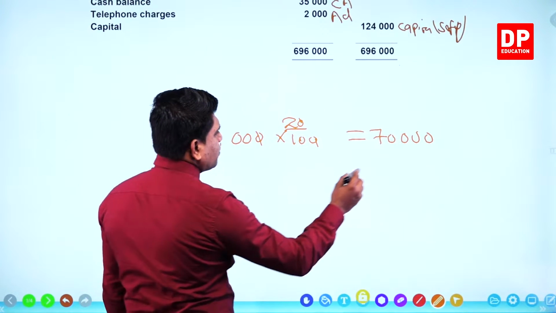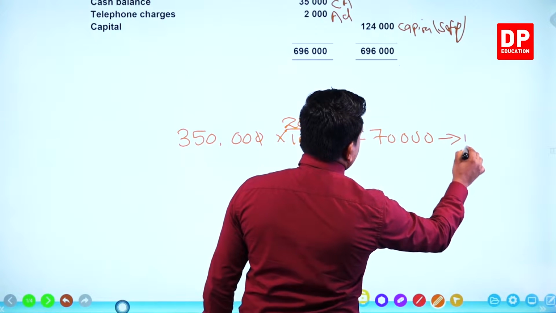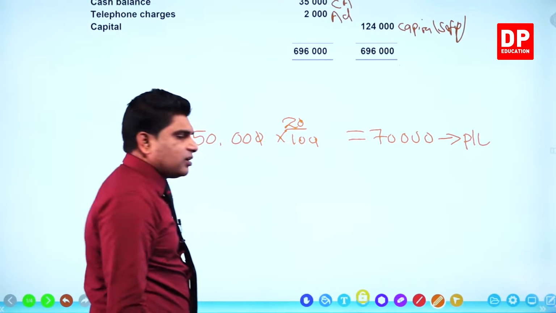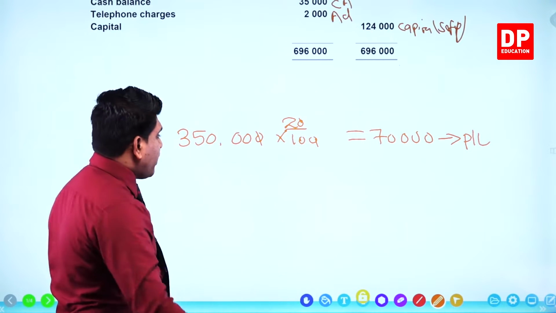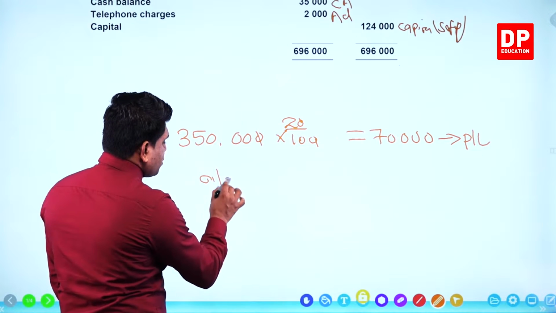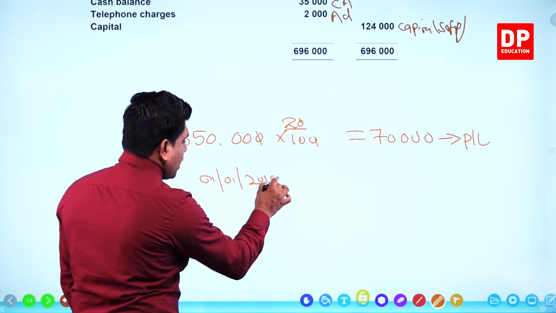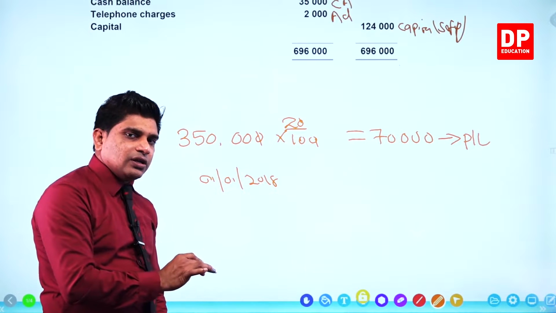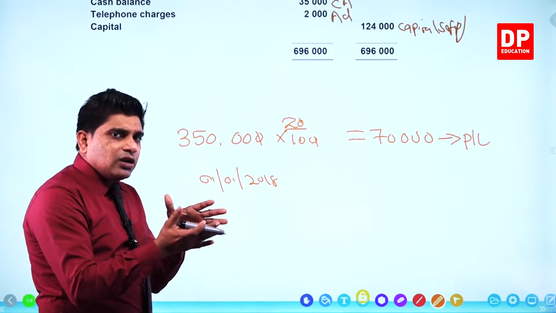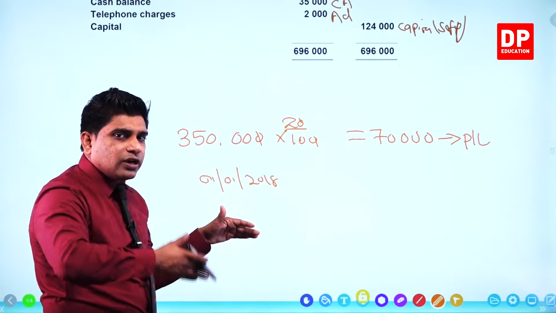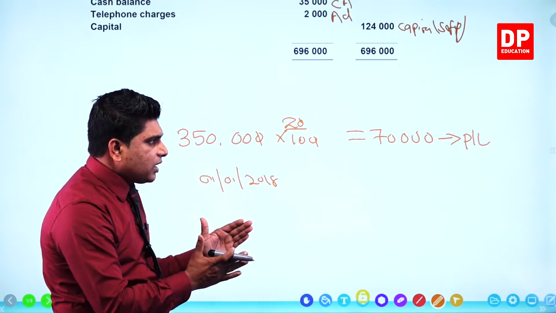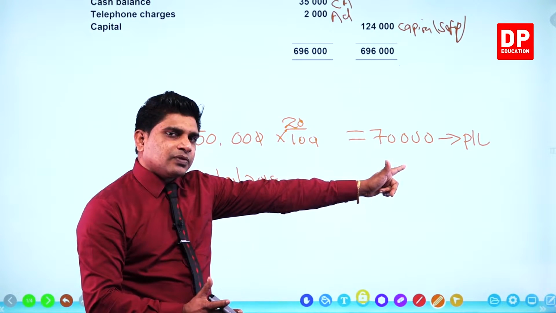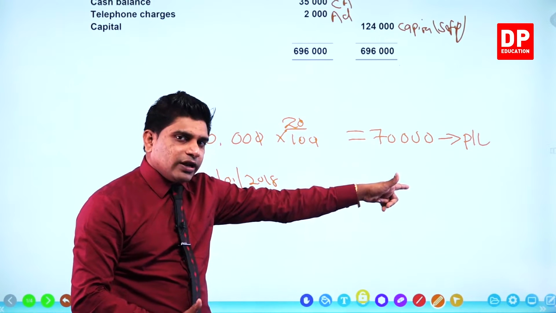Then 70,000, where do we write? This is the annual depreciation. It goes to the profit and loss statement, right? Remember the question has provided accumulated depreciation from 1st of January 2018 up to 1st of January, but no depreciation from 1st of January to 31st December. During this period, depreciation is provided here, which we already calculated, right?